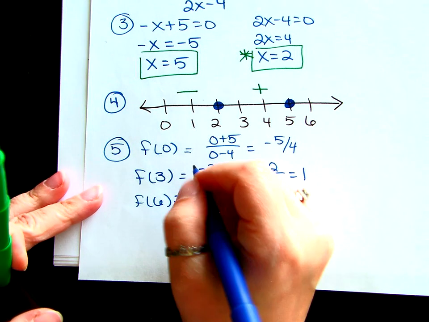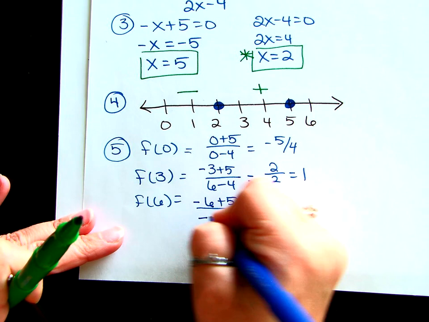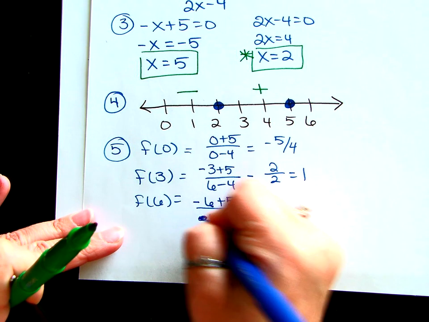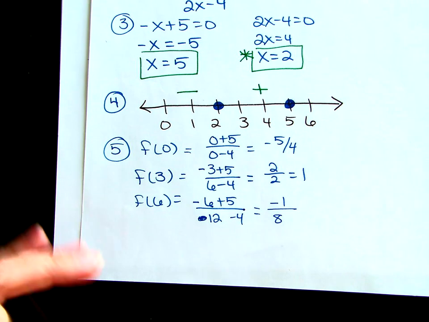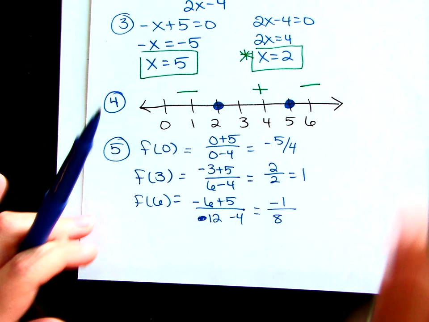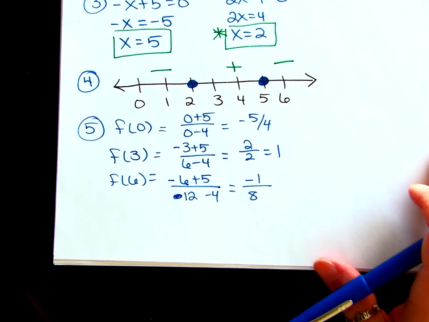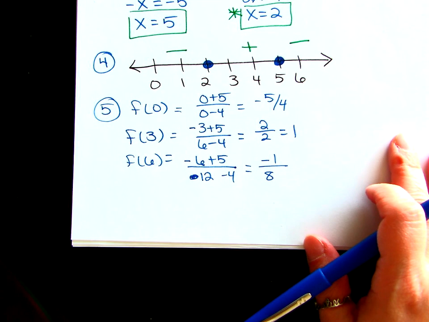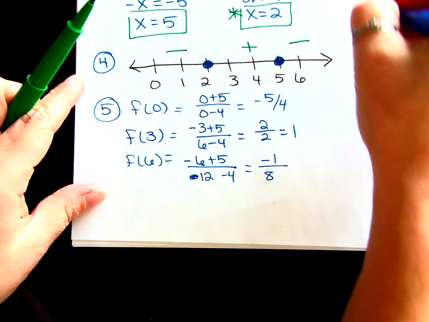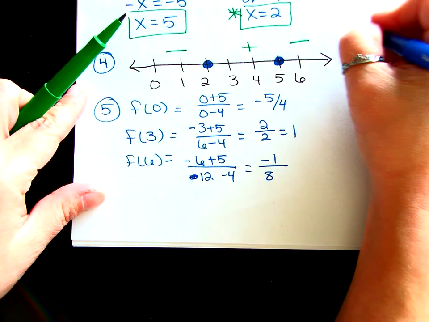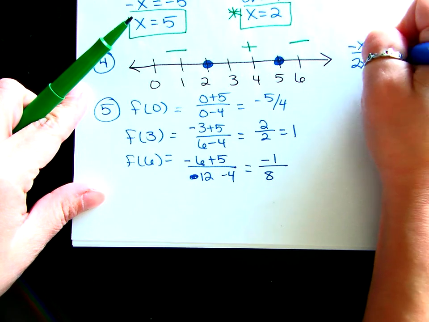Negative 6 plus 5 over positive 12 minus 4, negative 1 over 8. Now, remember, our original, or what we worked down to, was negative x plus 5 all over 2x minus 4 is less than or equal to 0.